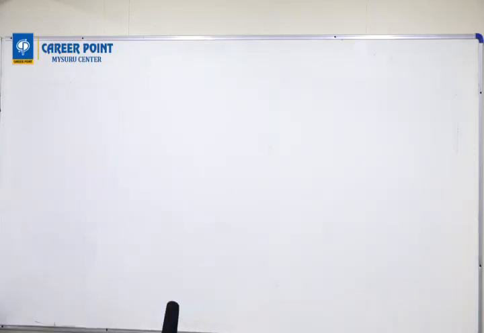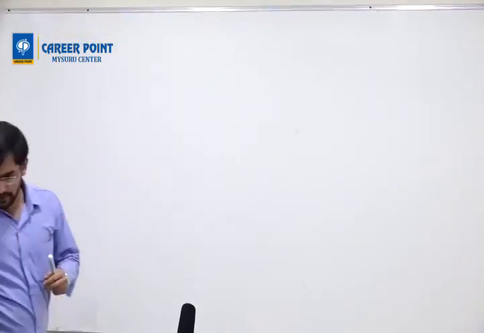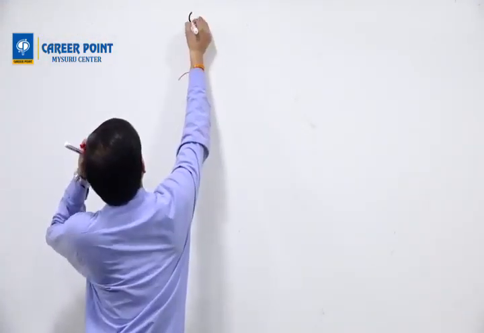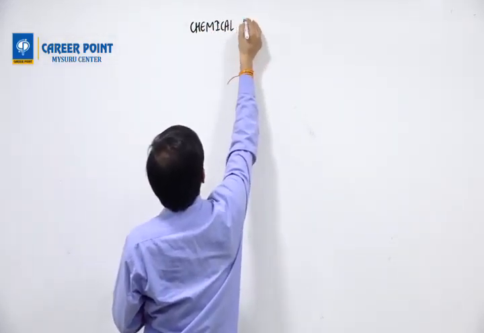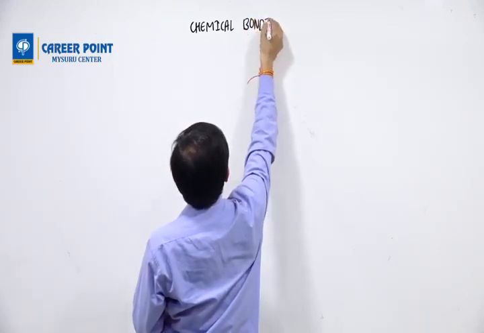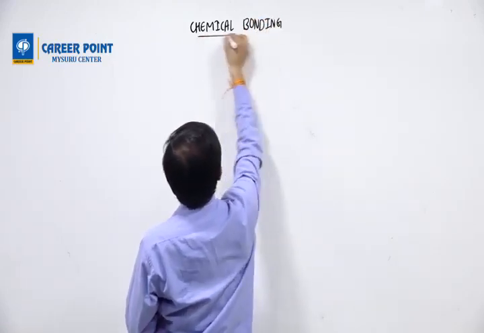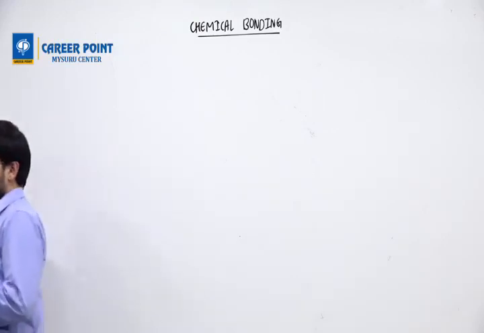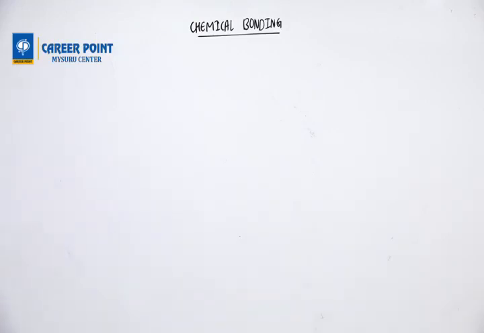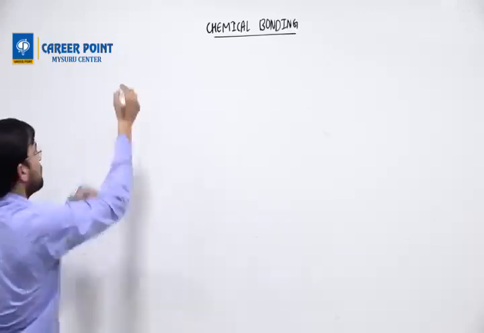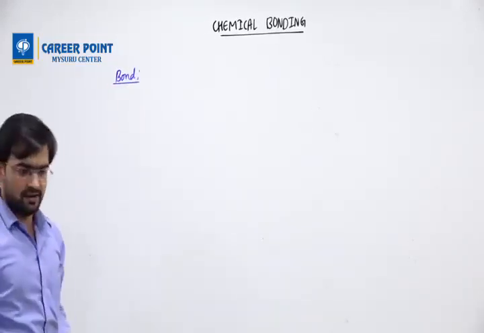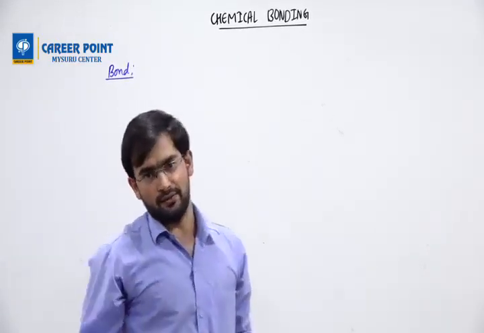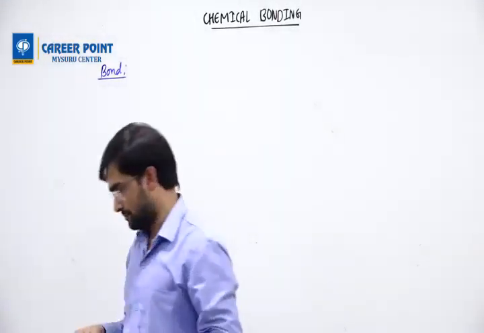Okay, so now the next chapter is chemical bonding. There are three types of bonds. A bond is simply an interaction between one atom and another atom so that an atom can hold another atom.